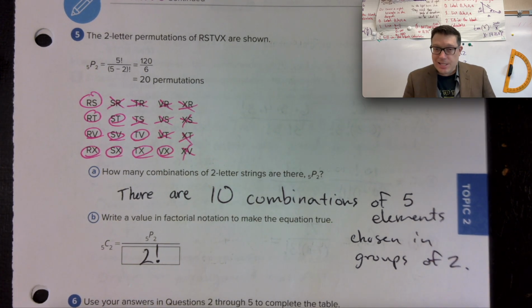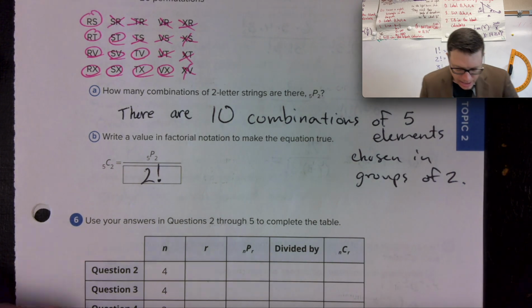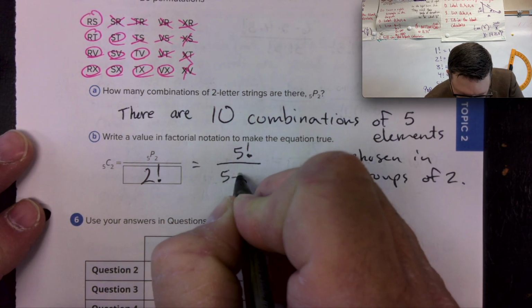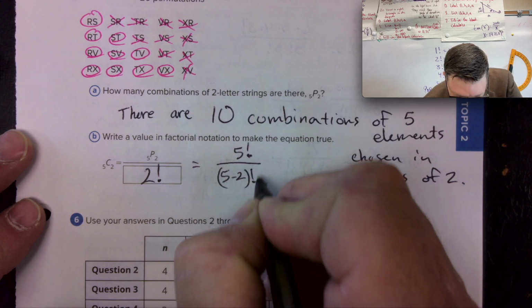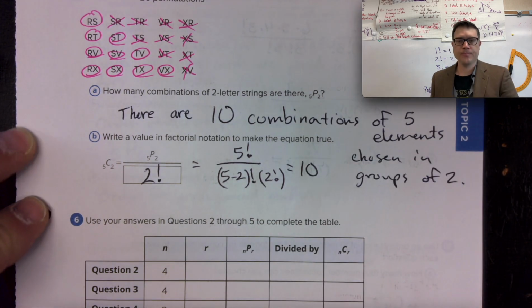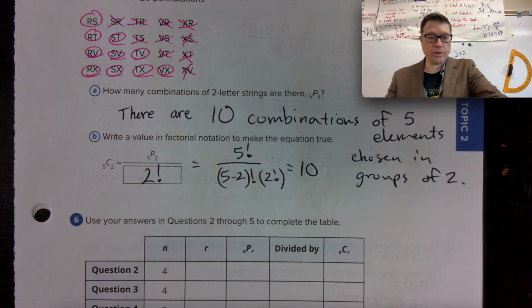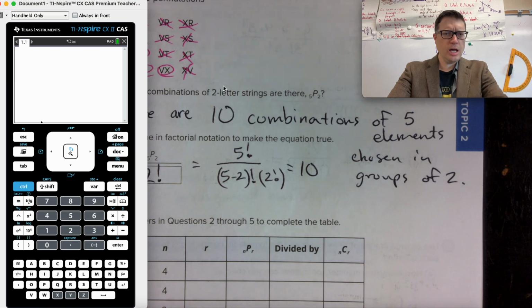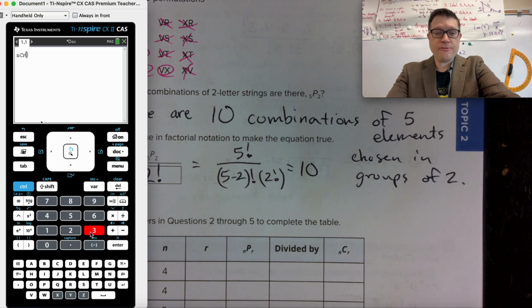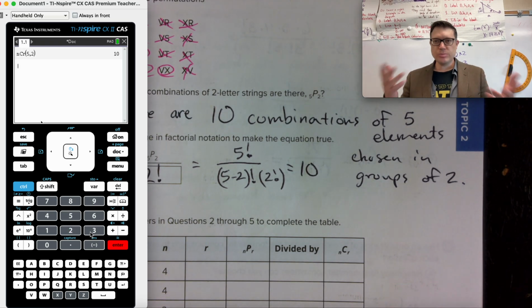And the mathematics in factorial notation is to do 5 factorial over 5 minus 2 factorial times 2 factorial. And that comes up with 10. Let's show the calculator on it, right? So calculate. I've got menu 5, 3, because it's a combination. 5 choose 2. 10. Done.